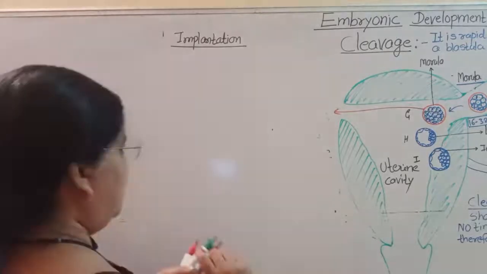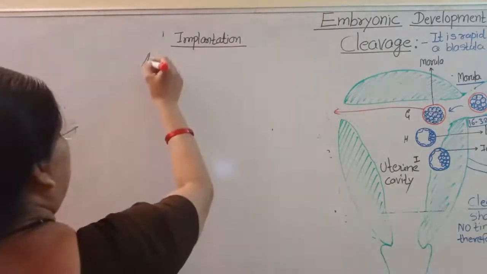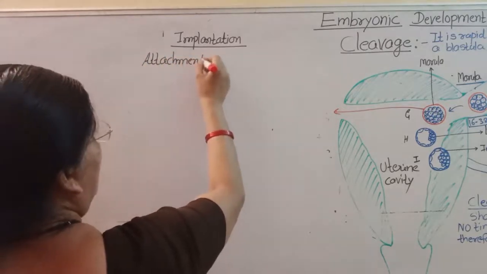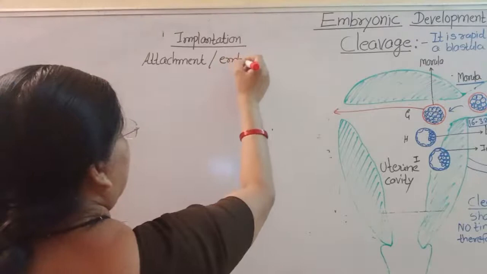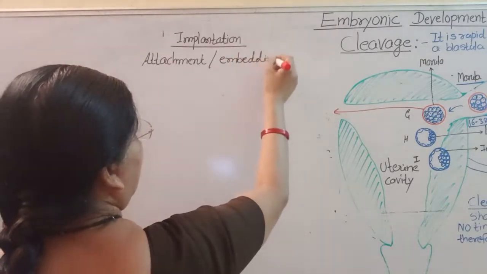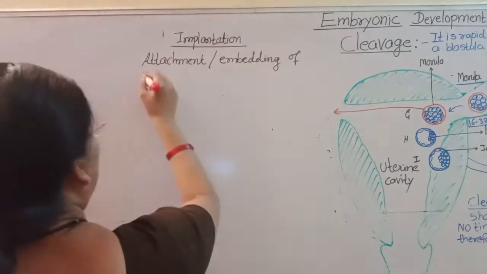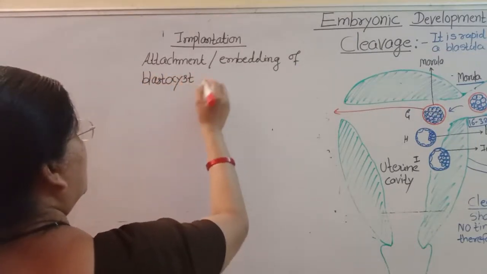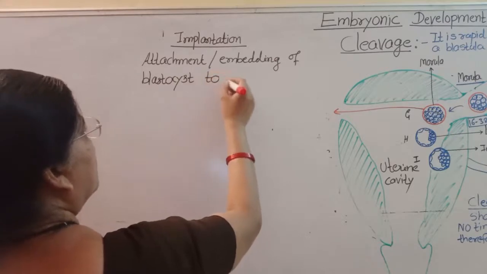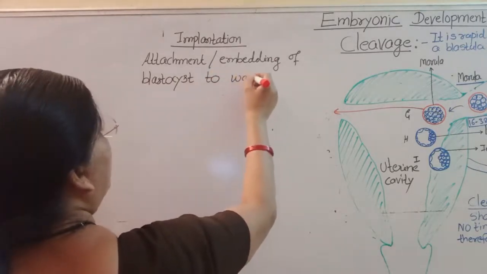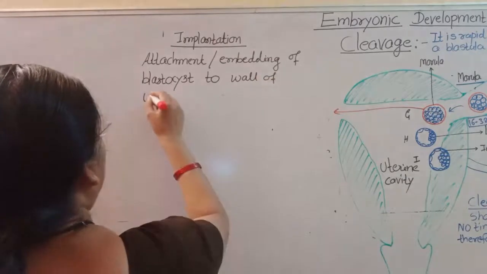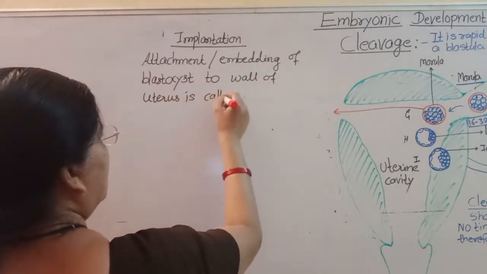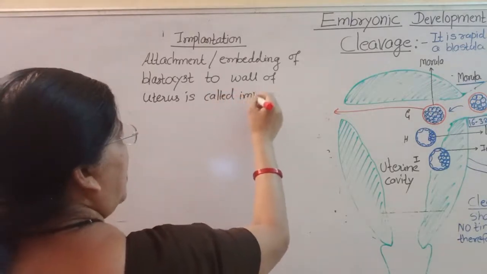So implantation, attachment or embedding of blastocyst to the wall of the uterus is called implantation.